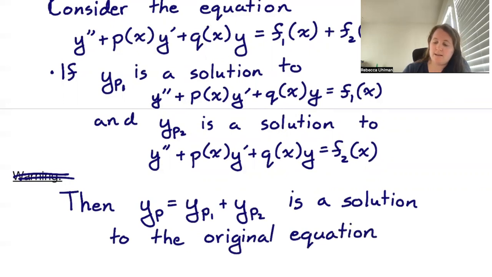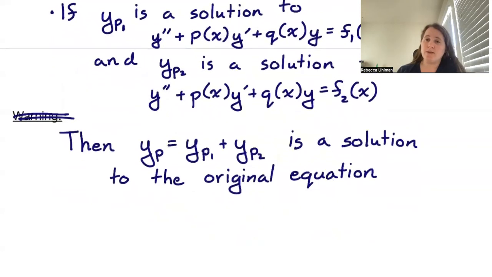A reason this is helpful, if we are trying to guess our coefficients for similar right-hand sides, we can break it into parts. So if, say, we had e to the 3x plus a constant, we could work with just the e to the 3x first, and then work with the constant separately. So this allows us to break a problem into pieces.